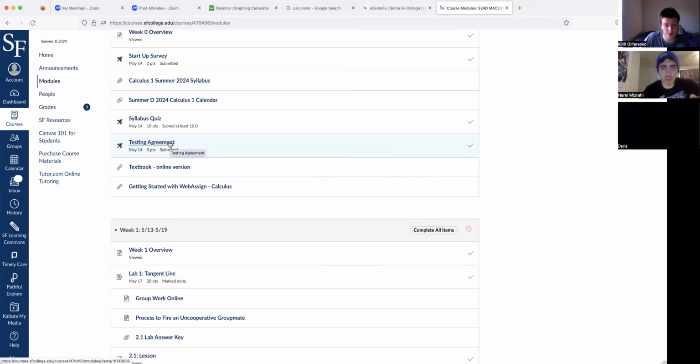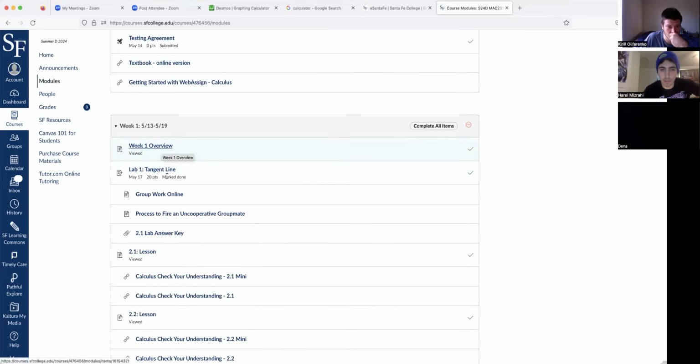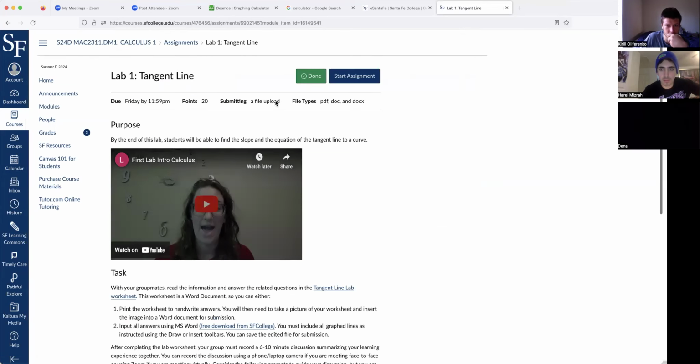Okay, let me see. Did you get the testing agreement? Yeah, I got that. Wait, I'm pulling it up right now. If you have to unlock more of the stuff, mark assignment as done. There's a button next to start assignment. Do you see it? It says mark assignment as done. That will open up the rest of the coursework.